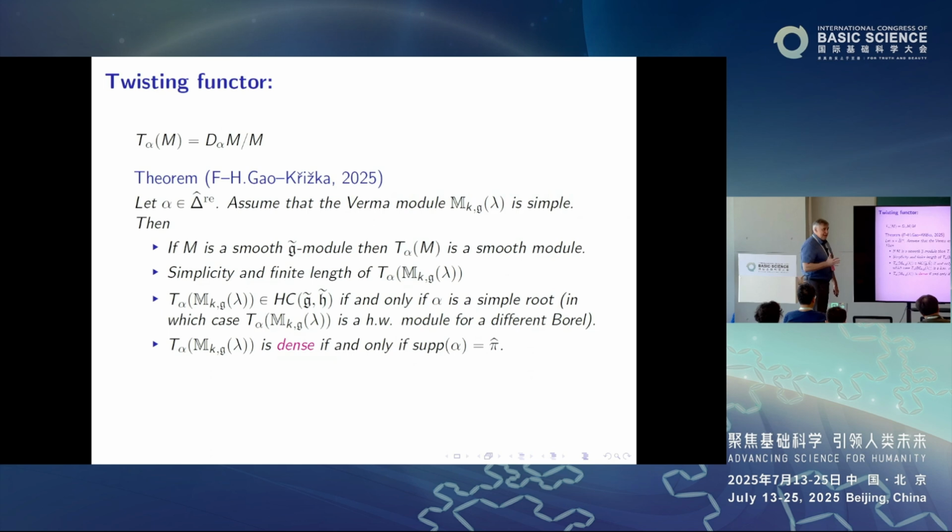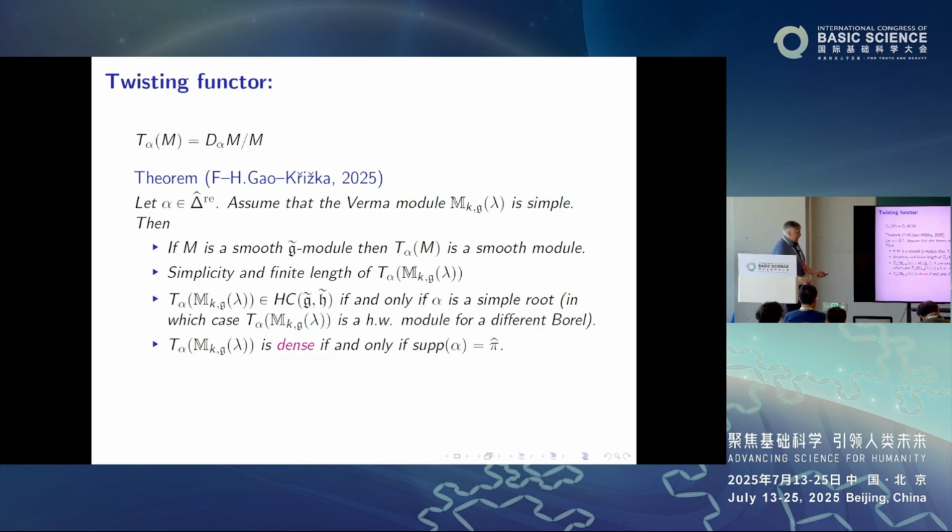Now, when is it dense? You see, in the previous picture, we got the dense module when we applied it to a Verma module for SL3. Of course, it's not always the case, right? But it will be dense. It means the weight lattice of this module will be everything, like a coset of H star by the root lattice, if and only if the root alpha in the decomposition with respect to the simple roots contains all simple roots.